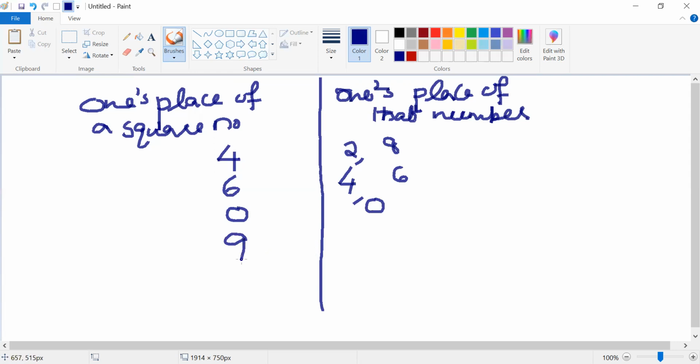If it is 9, then either 3 or 7. Suppose the ones place of a square number is 7. Is it possible? Not possible, because no square number will end in 7. If it is ending in 5, then the number's ones place is also 5.